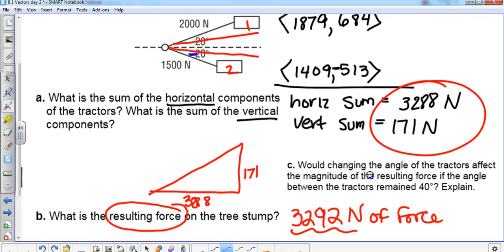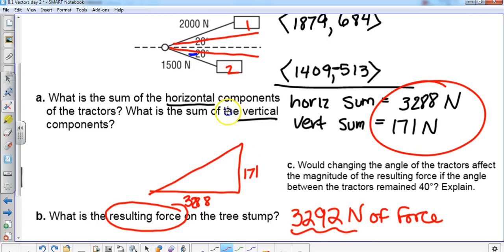All right, this question, though, is a little bit different. It says, what happens if it was 40 degrees total, but they moved? Like this one was 30 and this one was 10. Do you think that would change the total force? How would that be possible? Yeah, it's 40 degrees in total. It would not change the total resultant force.